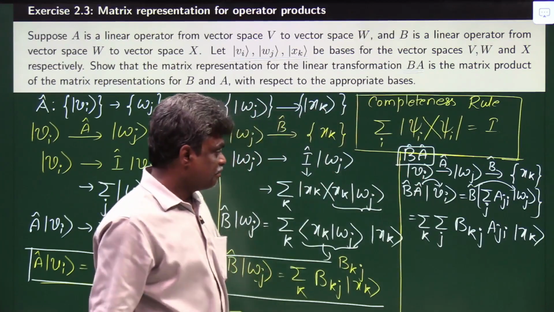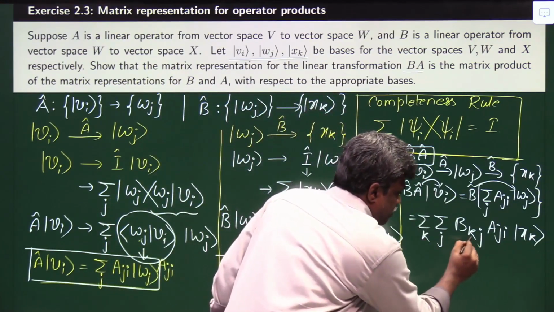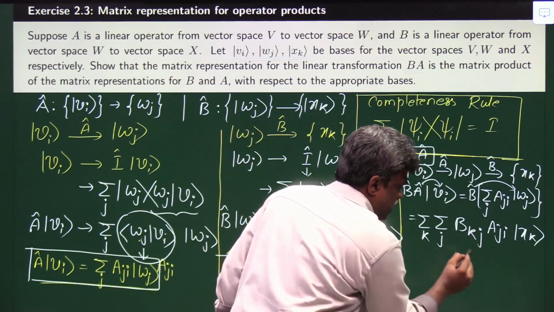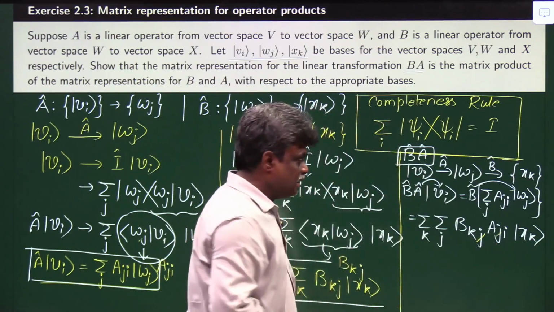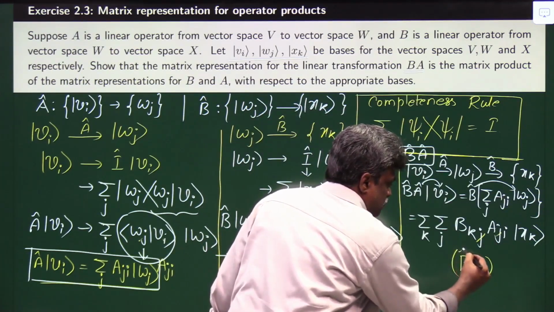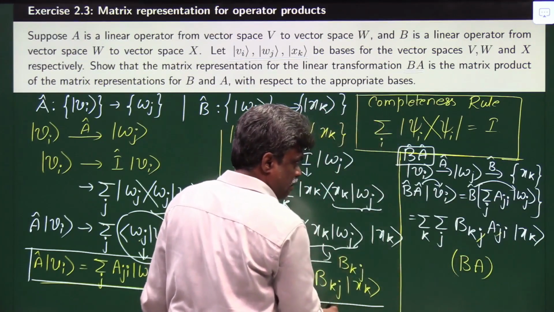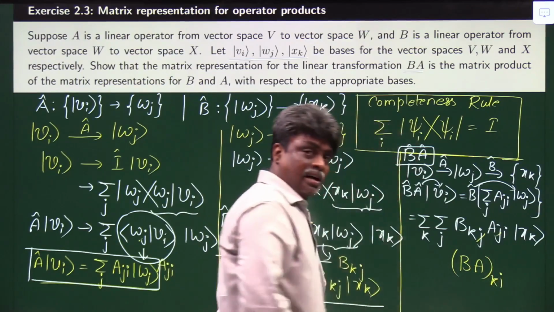That's it. Now if you observe carefully, this is kth row jth column, this is the jth row ith column, this j gets cancelled, and we can write this as the matrix product BA, kth row and ith column.